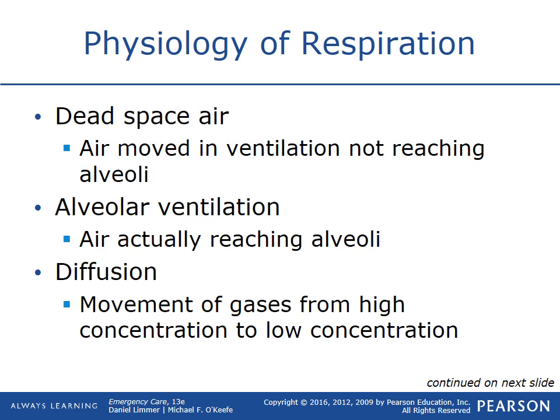So they're moved across the membrane because there's less oxygen in the capillaries that are surrounding the alveoli, so that oxygen in the alveoli move over into it so that it equalizes out. Same with carbon dioxide. Carbon dioxide moves over into the alveoli, and that's where we exhale it because there's a lesser concentration of carbon dioxide in there. It's constantly replacing that.